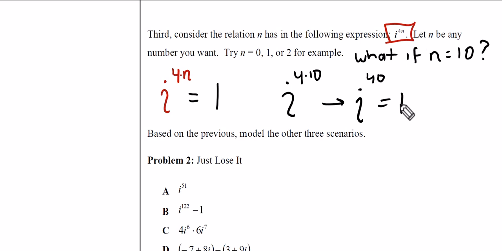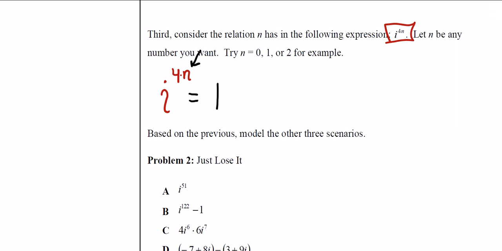You plug in whatever number you want for n, and you're going to get 1. This is powerful because now you don't have to worry about doing everything leading up to 40. You don't have to do i to the 10, i to the 11, i to the 12, etc. You can just say, I want i to the 40. Boom, it's 1. But how do you know, Mr. Rivera? How do you use this? Well, hold that thought.